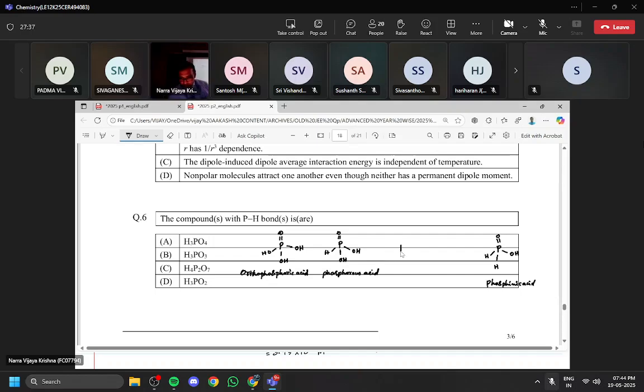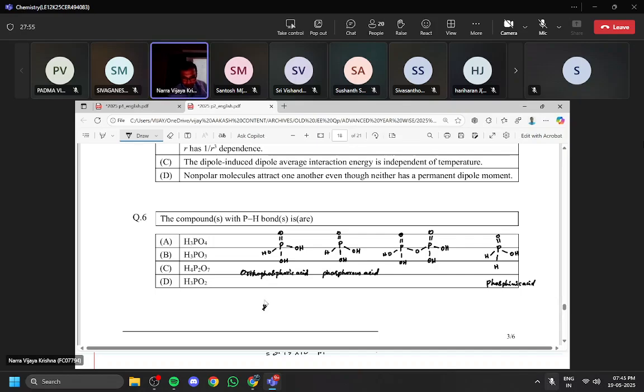P double bond O, OH, OH, O, P double bond O, OH, OH. Correct? I am taking 2 molecules of it and removing 1 H2O.